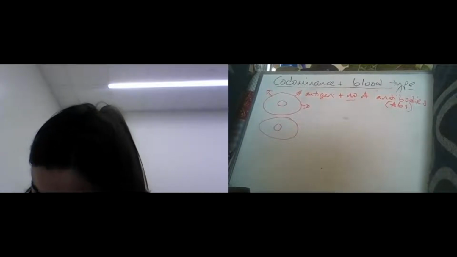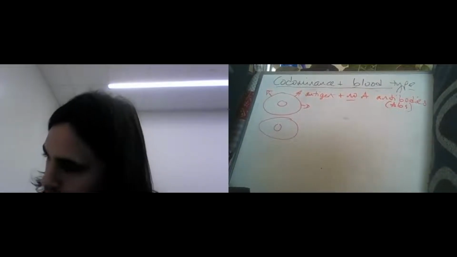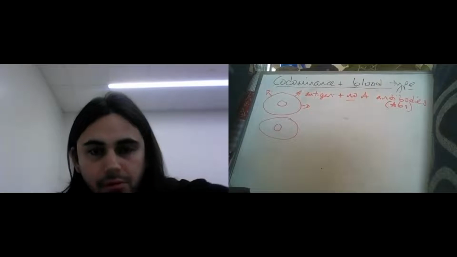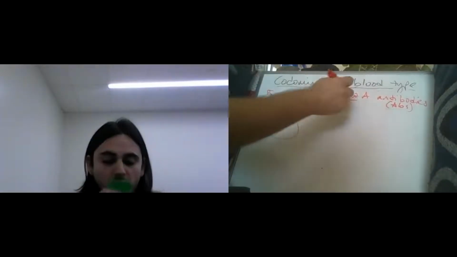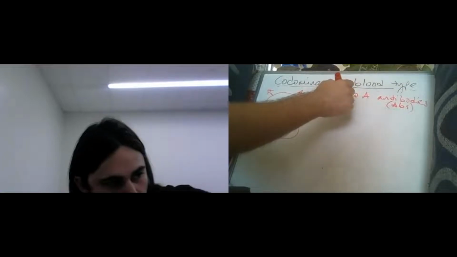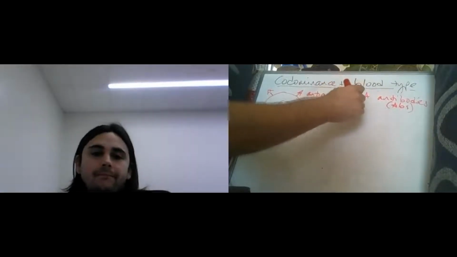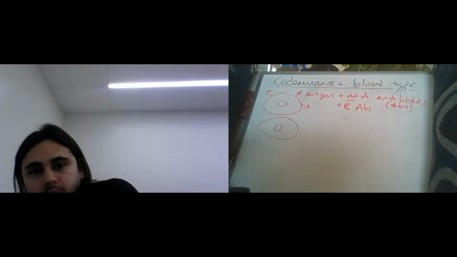Which would be good, because if you had A antibodies, you'd be kind of screwed, right? You'd attack your own blood as being foreign and you would die. So you have the A antigen and no A antibodies. But you will have B antibodies.